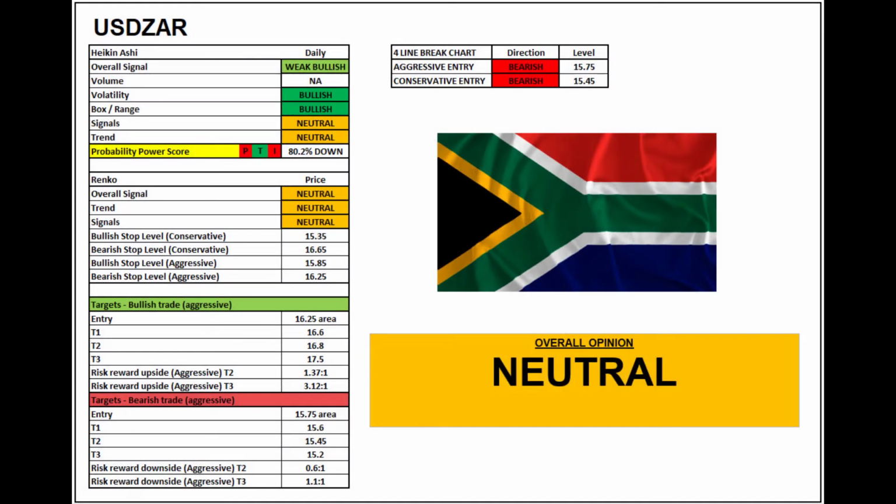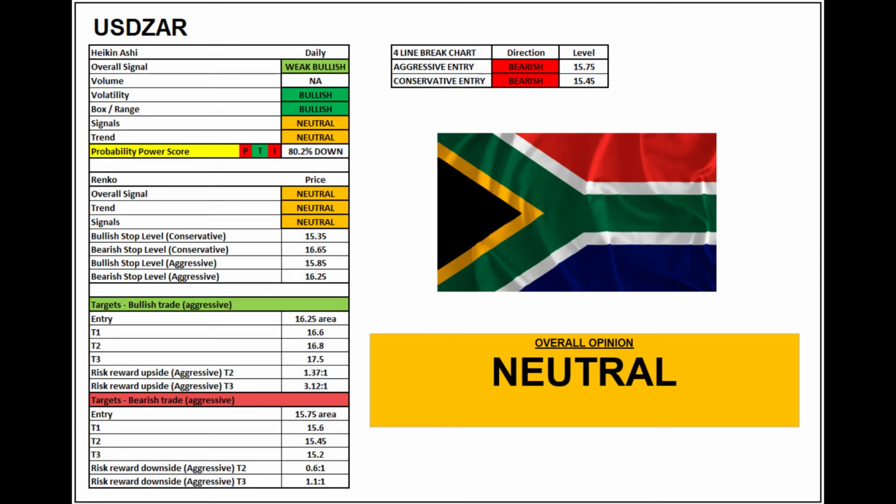So score time then, well, for USDZAR I'm going to give neutral based on the technicals just at the moment. The Renko is very neutral in the shorter term, and the Heikin Ashi a bit more of a mixed bag. We had our probability power score giving the odds more to the downside, but we saw that neutralised by that trend wave being green.